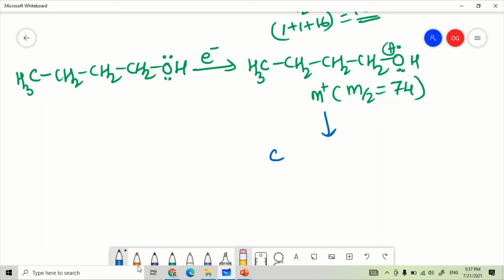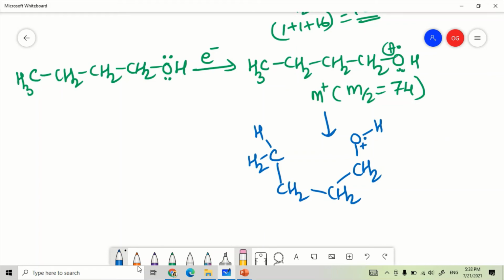So I will just rearrange this structure like this: CH2 CH2 CH2 and OH, with one electron, a positive charge, and the other 2 electrons.